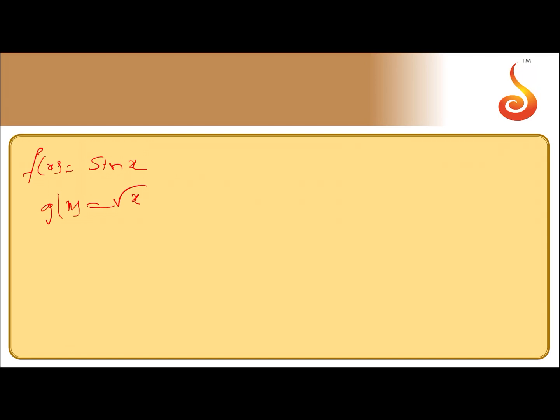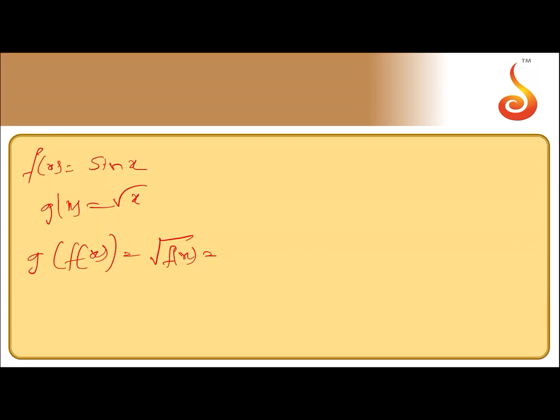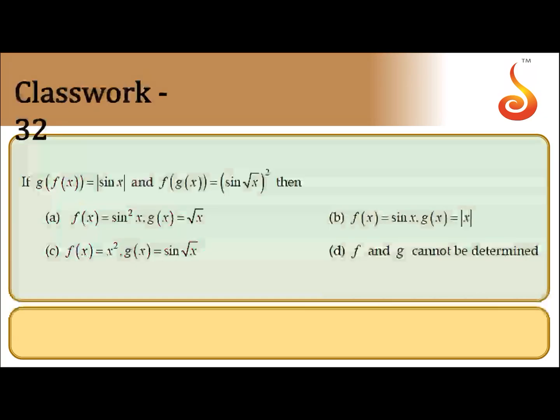g of f of x means it is under root of f of x. Under root of f of x. Sine square x, sorry, I think it is sine square x in the first option.